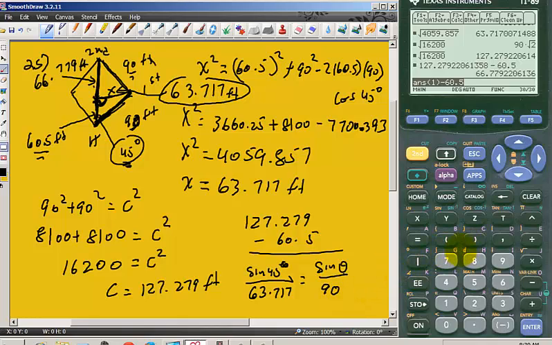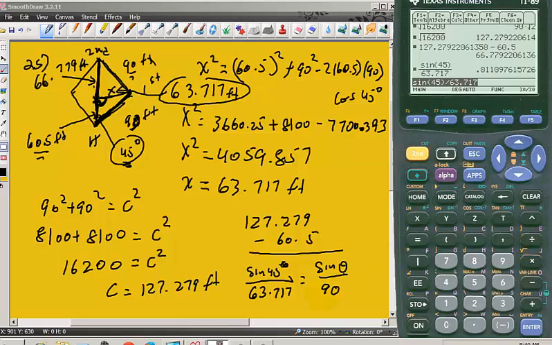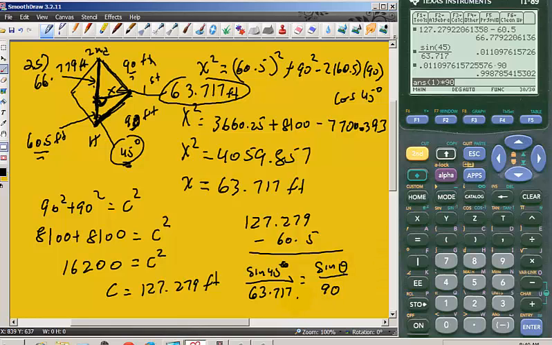So sine of 45 degrees, and then I'm going to divide that by 63.717. I'm going to hit enter, and multiply that by 90. So I have sine of theta is equal to 0.998, or 0.999 if I round to 3 decimal places.